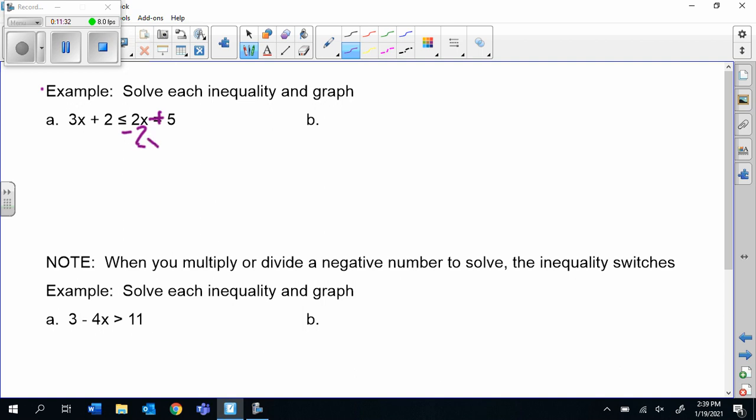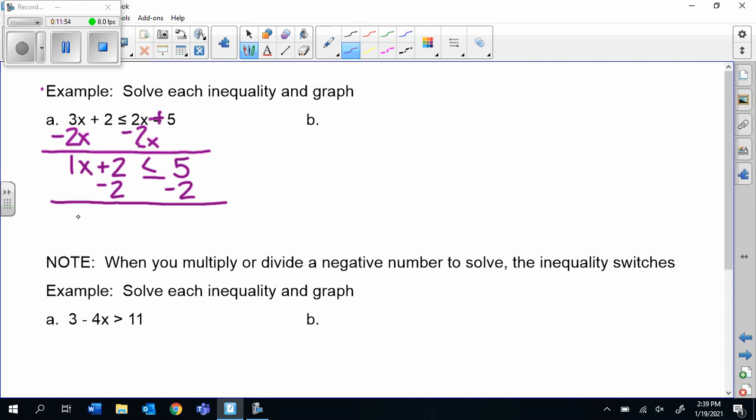So -2x minus 2x. 3x take away 2x is 1x plus 2 less than or equal to 5. Subtract the 2, subtract the 2. So we have x is less than or equal to 3.